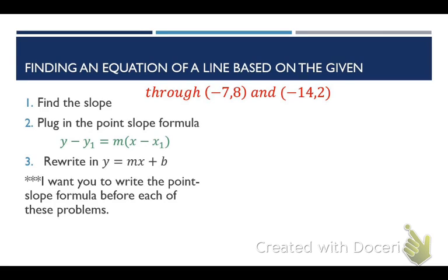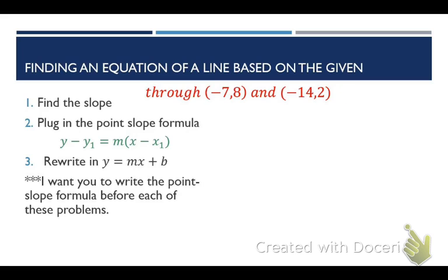It says through the points negative 7, 8, and negative 14, 2. So the first thing we want to do is find the slope. Can I just look at these and know what the slope is? No. So what do I need to do? Not slope intercept, sorry, slope formula.